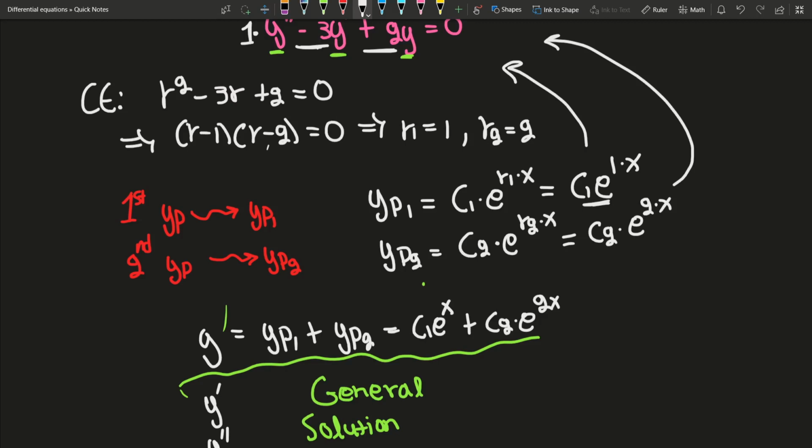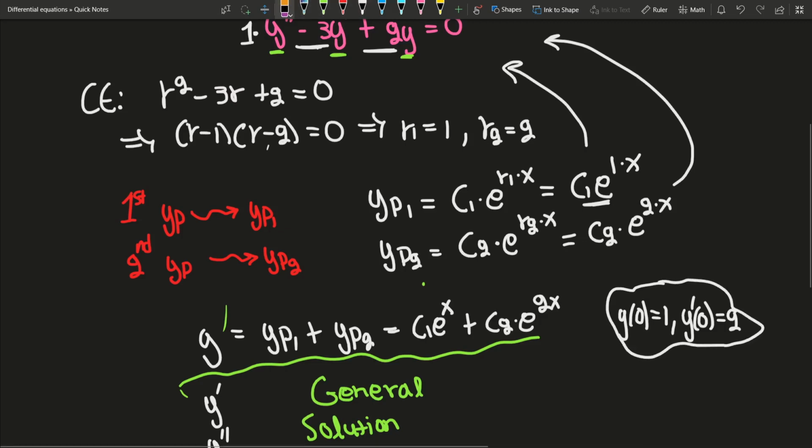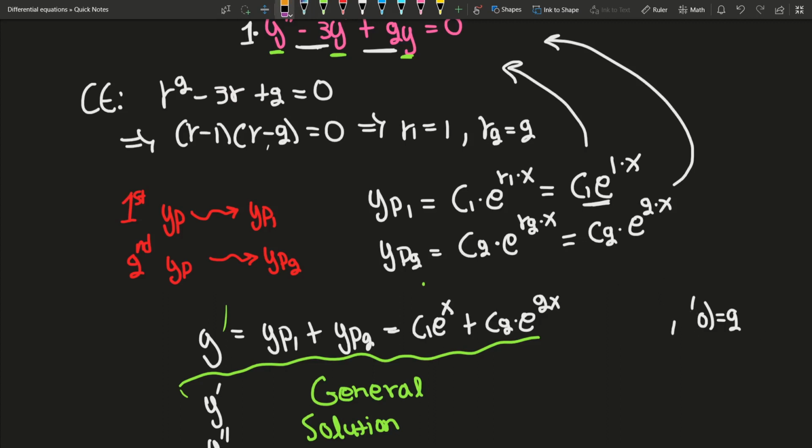The first initial condition can be, for example, that y of 0 is equal to 1, let's say, and y prime of 0 is equal to 2. This could be theoretically some initial position, some initial conditions, and they're gonna help you find C1 and C2.